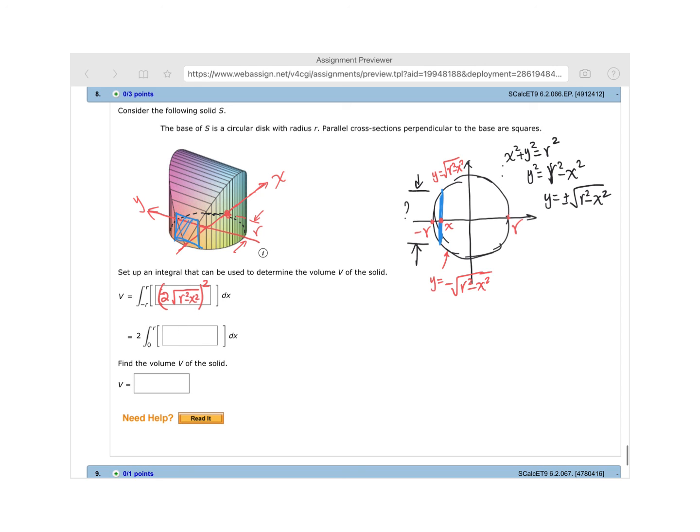And this is my hint. From this point on, you can take advantage of the symmetry of this integral, because the integrand is an even function. That's why this doubles and reduces to 0 to r. It will not be too difficult to evaluate this integral. The square will get rid of these square roots. I'd like to let you complete it.